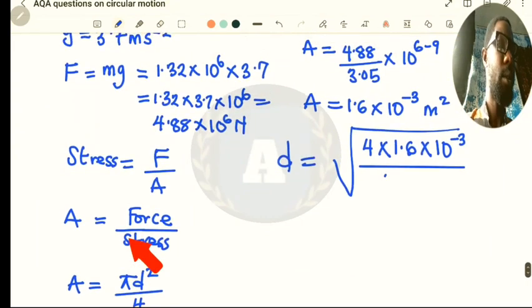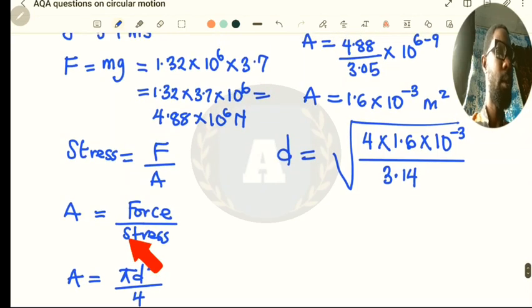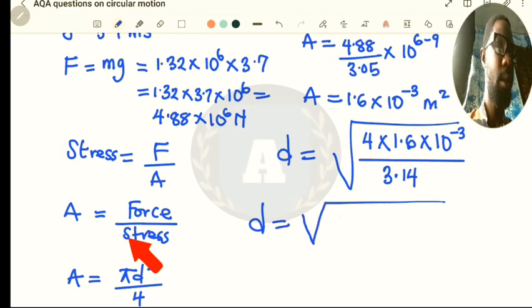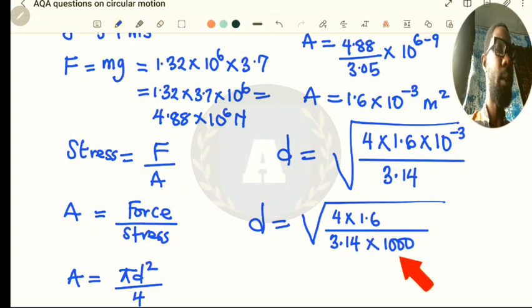Pi is 3.14. So this will be the same as saying 4 times 1.6 divided by 3.14 multiplied by 1000, since I brought down the 10 to the power of negative 3.